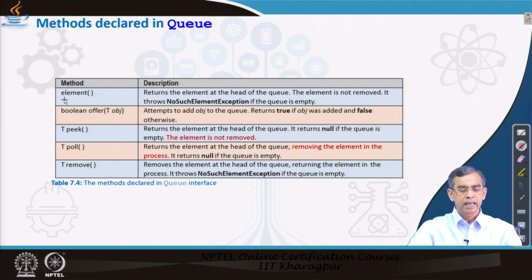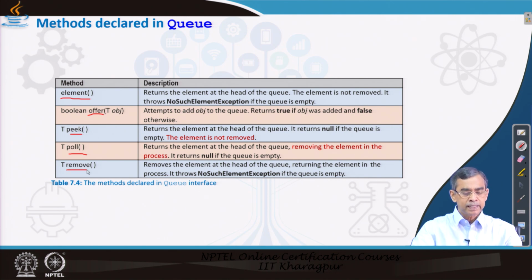One method is called element. It returns the element at the front of the queue. Offer is the method which allows you to add one element into the queue. Peek is the method which returns the element at the front, but this element is just read, not removed. Poll removes as well as returns the element which is at the front.